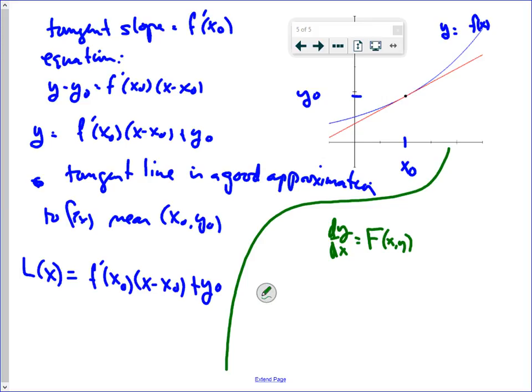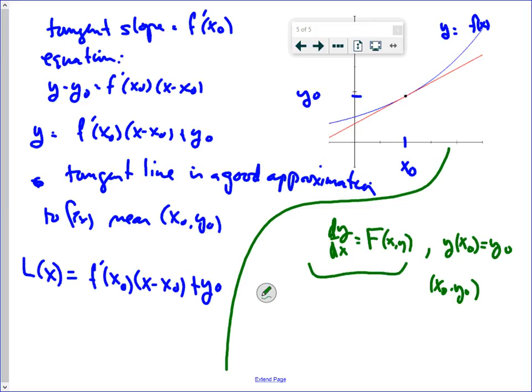But dy dx will be given by some formula in x and y for the derivative, and we'll still have a particular point that we know the solution we're after passes through. We'd like to find an honest to goodness solution, but we can't.